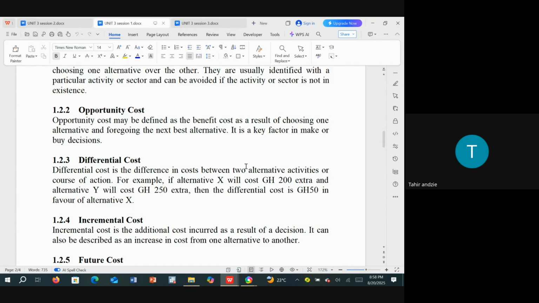Another term is the differential cost. Differential cost is a difference in cost between two alternative activities or courses of action. If we have two alternative courses of action, and a particular cost differs between these two, that cost is a differential cost.